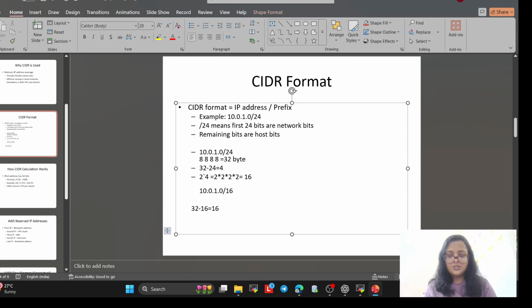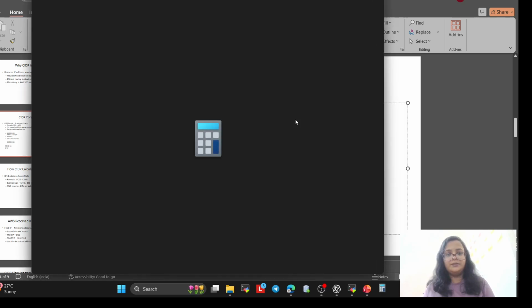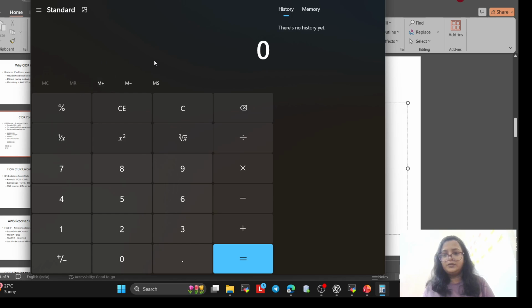Now just write 2 to the power 16, which means 2 multiplied 16 times.